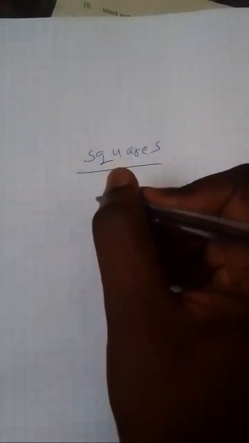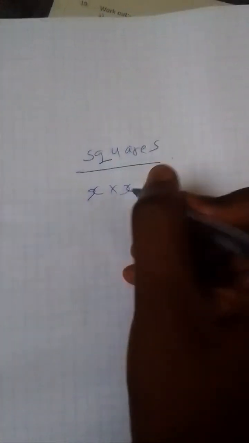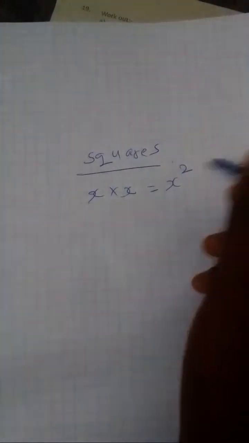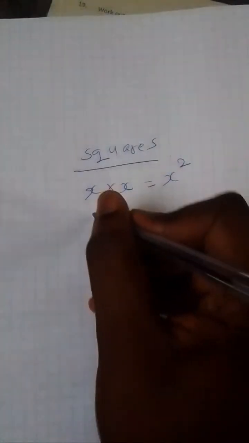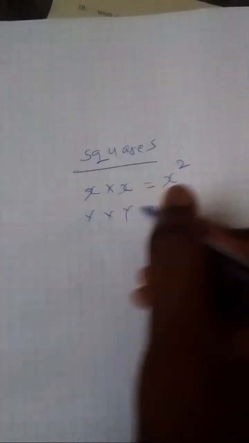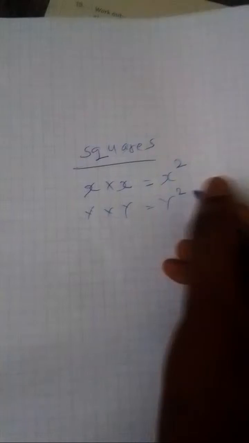So squares. How do we say square? Like when you say x times x, so x times x is equal to x squared. So that's a square of a number. Like now when you say y multiplied by y, you have y squared.